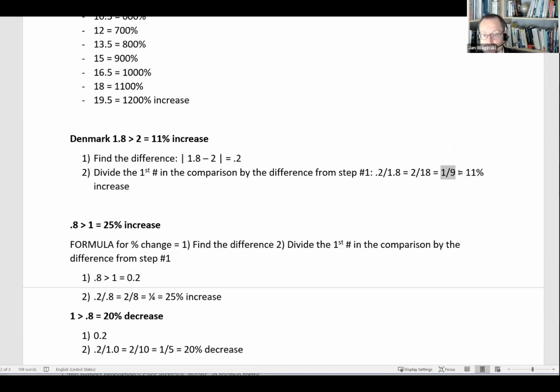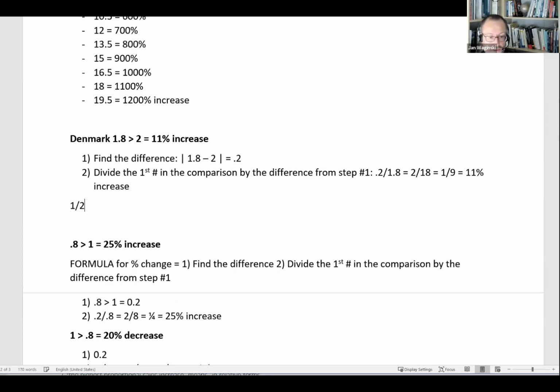So if this number were a half, right? How do you go from a half to 50%? Let's say that our end result in the last question had been 1/2. What calculation did you perform? It is like half of 100.